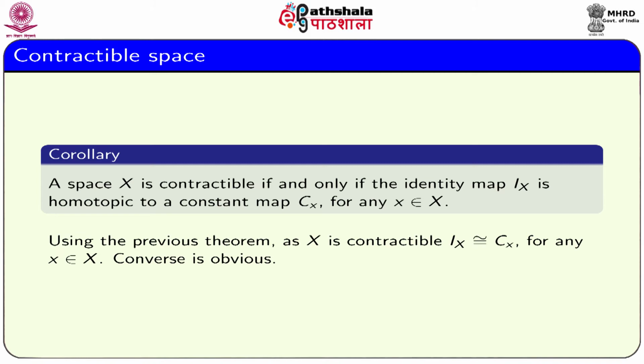Using the previous theorem, as X is contractible, the codomain is contractible, and therefore identity and the constant function Cx for any x belonging to capital X will be homotopic. And the converse is obvious from the definition of contractibility.